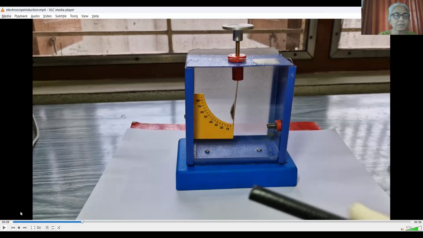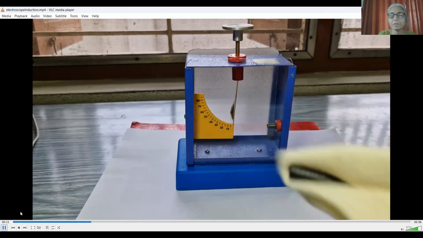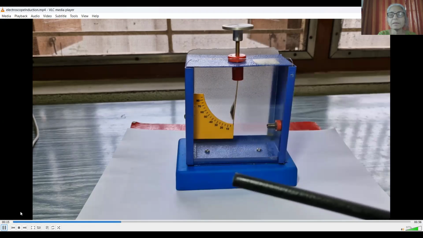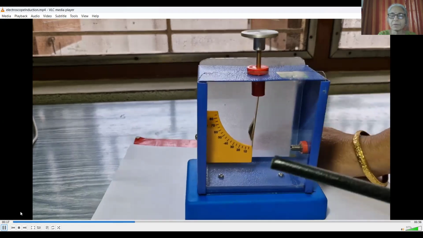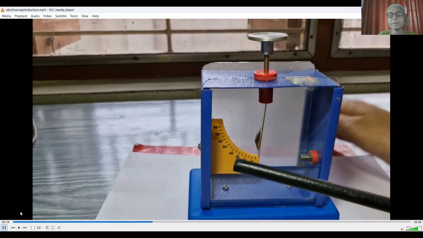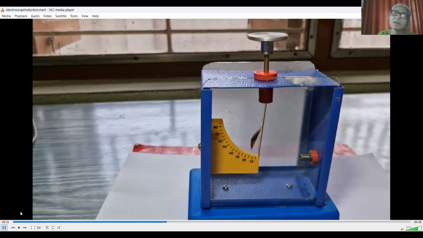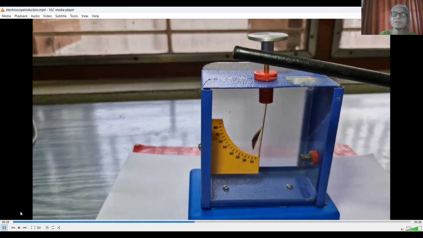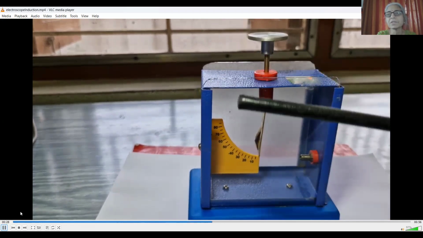Here I'm charging the ebonite rod, rubbing with wool, and then taking the charged ebonite rod close to the electroscope but not touching it. Even before you touch it, even without touching, the leaf responds, it diverges.